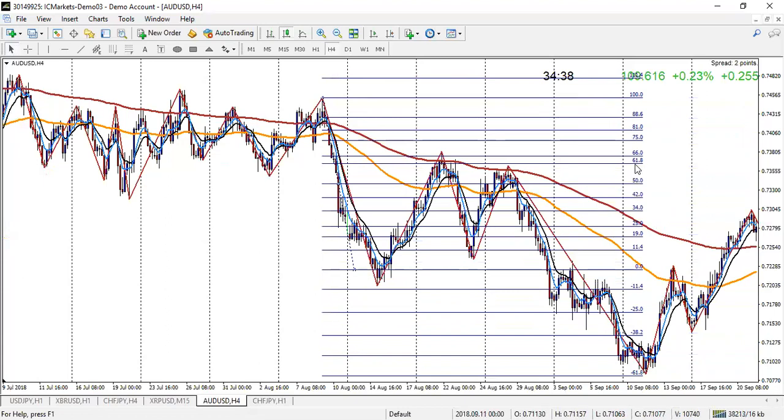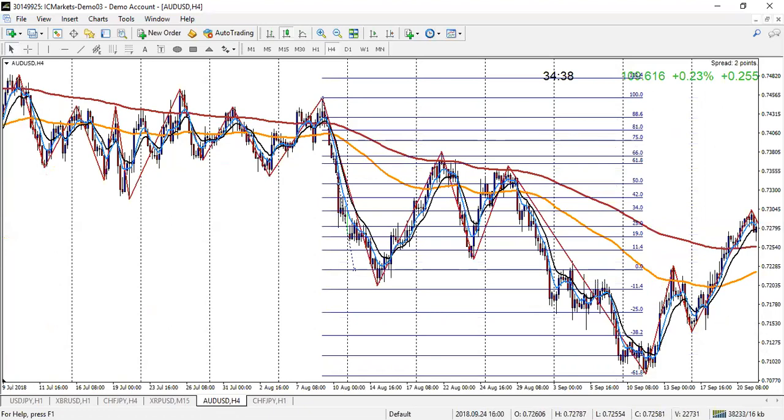Maybe everybody should have the 61.8, the main Fibonacci number. I also added 66.0, 75.0, 81.0, and most people already have the 88.6. So these are the main numbers that I've added.